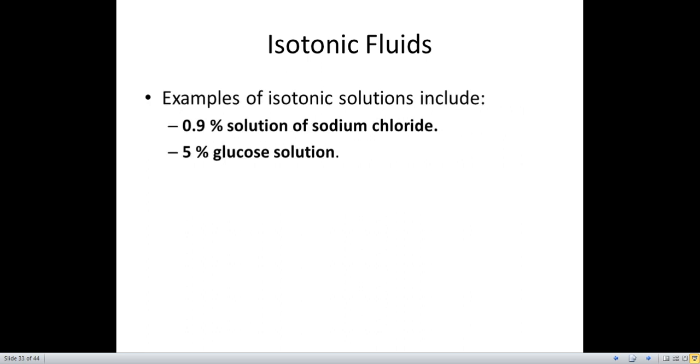Examples of isotonic solutions include 0.9% solution of sodium chloride, commonly known as normal saline solution, and 5% glucose solution. If these solutions are administered to a patient intravenously, there is not going to be any change in the fluid compartments of the body.